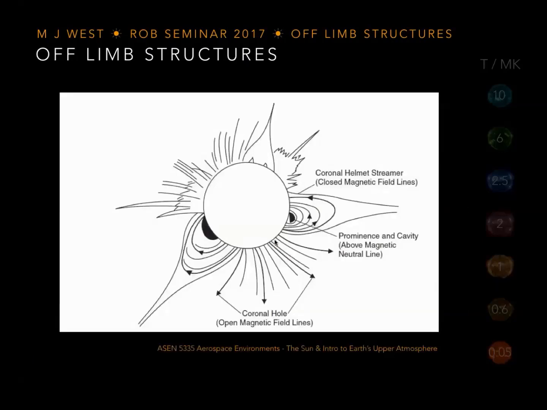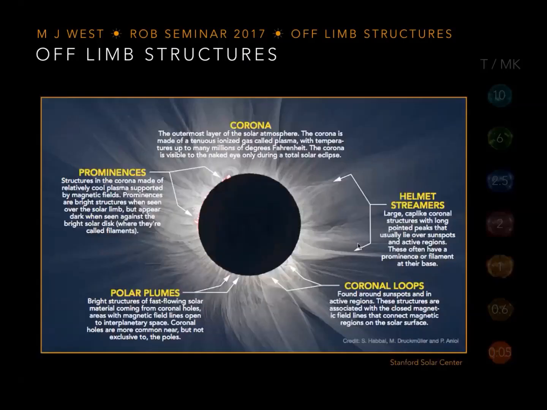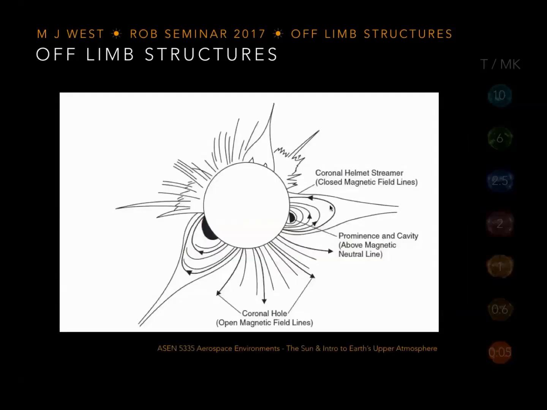Here is another cartoon I've grabbed from the internet, to highlight the magnetic fields that are underlying these structures. If we jump backwards and forwards, we see some of these streamer structures extending out. We can imagine the magnetic field lines that the plasma is trapped on extending out here.